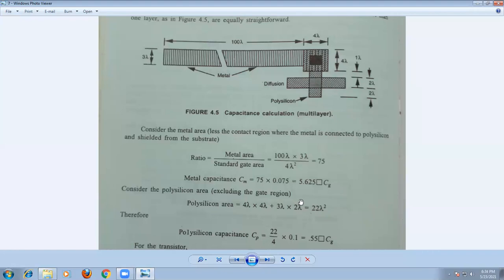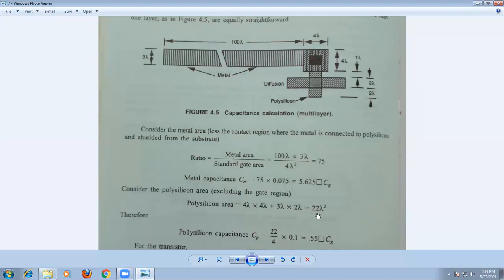There is the poly area, and there is a relative area. Polysilicon's relative area is equal to this one. Once you calculate the polysilicon's relative area, what is the polysilicon capacitance?